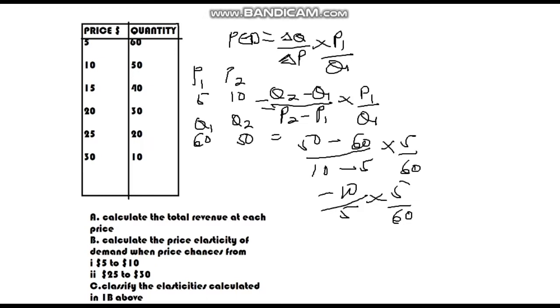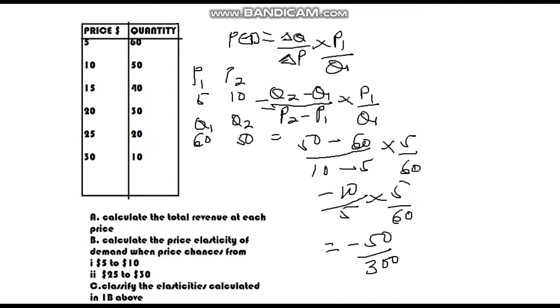The rest is mathematics. You're going to just calculate them. So 10 times 50 is going to give you negative 50, whereas 5 times 60 is going to give you what? 300.